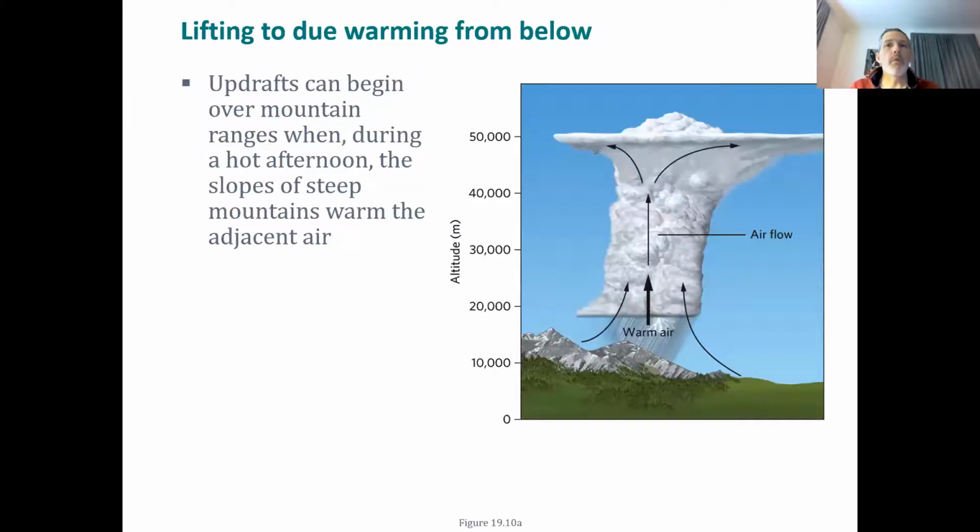Now, if we have condensation occurring, you're adding heat, you're changing the rate. And so in some cases, you can actually cause updrafts associated with latent heat.